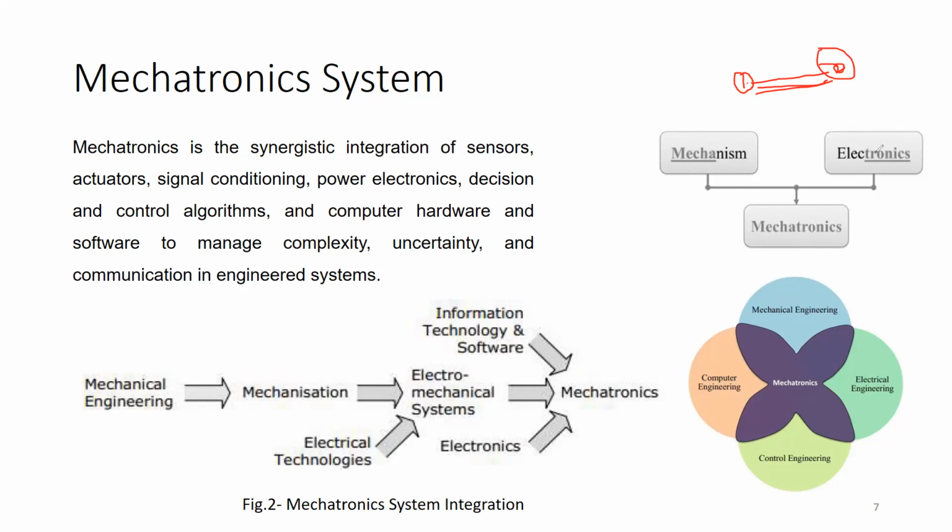So mechatronic system can also be called mechanism plus electronics. When integrated, it gives rise to a mechatronic system. So mechatronics is a subset of mechanical engineering, electrical, control, and computer engineering. Okay, so control is nothing but electronics engineering. Okay, so this is another figure which is showing mechatronics and its definition. So I hope it is understood.